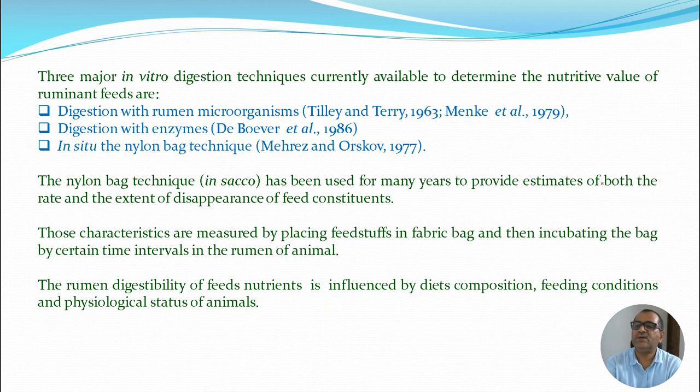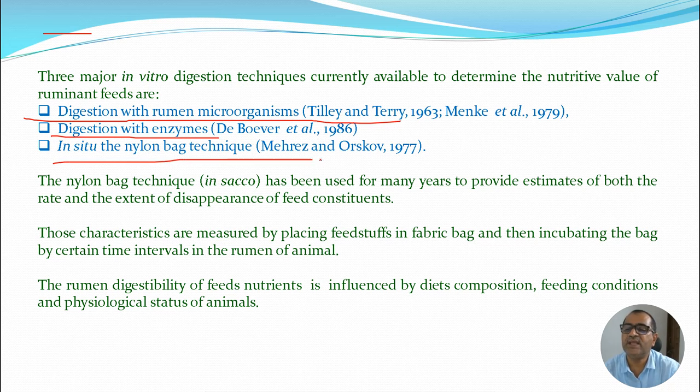The major in vitro digestion techniques currently available for analyzing the nutritive value of different feeds are, number one, digestion with rumen microorganisms, as per Tilley and Terry; second, digestion with enzymes; and third, the in situ nylon bag technique.